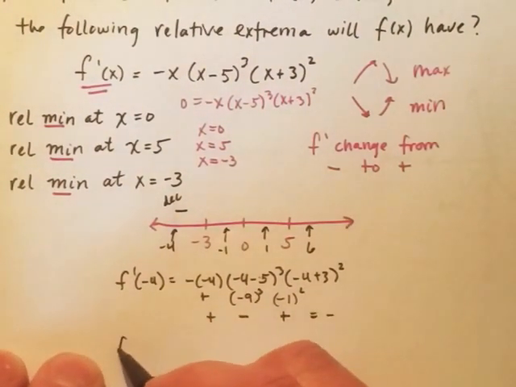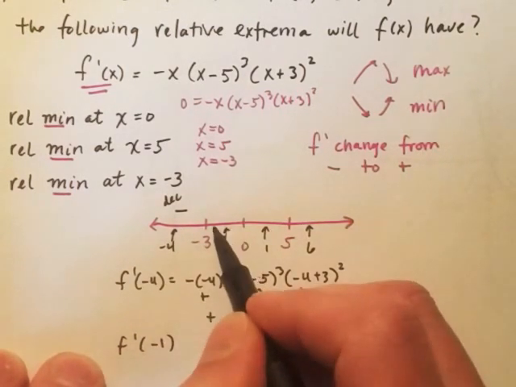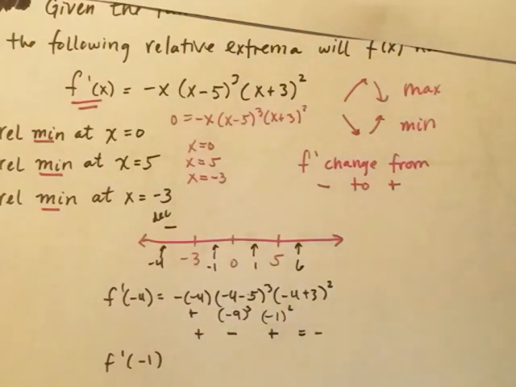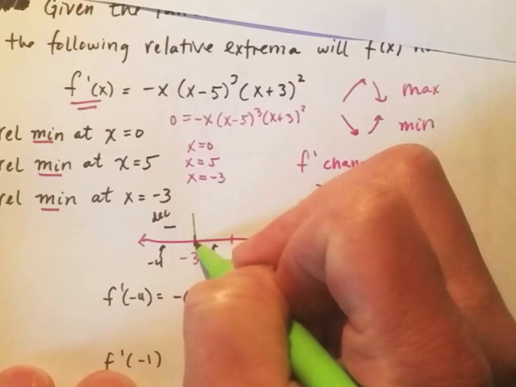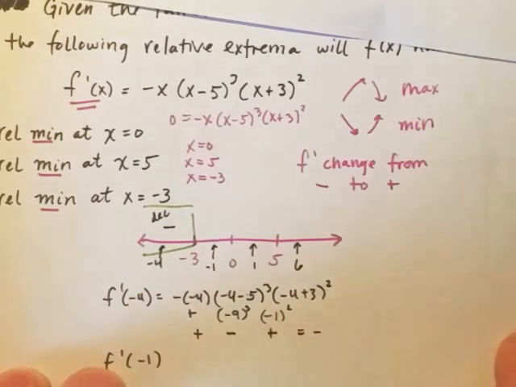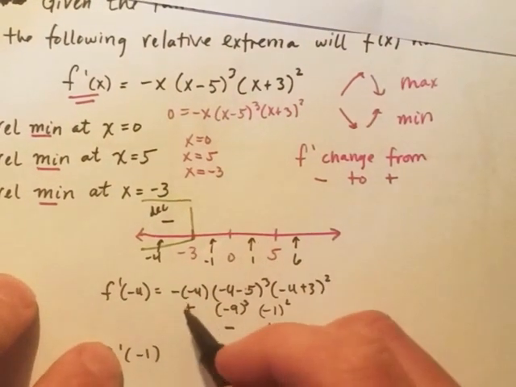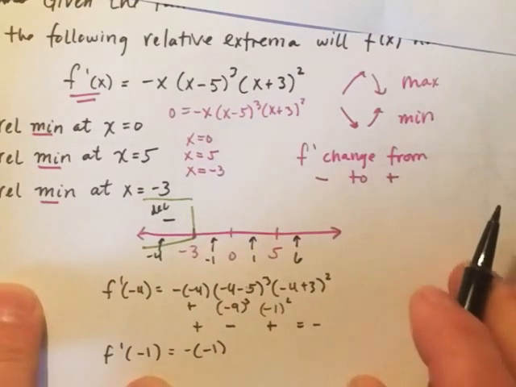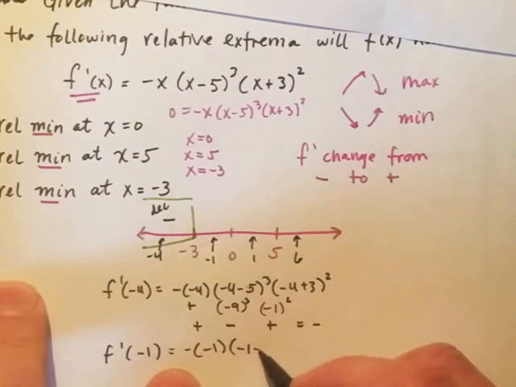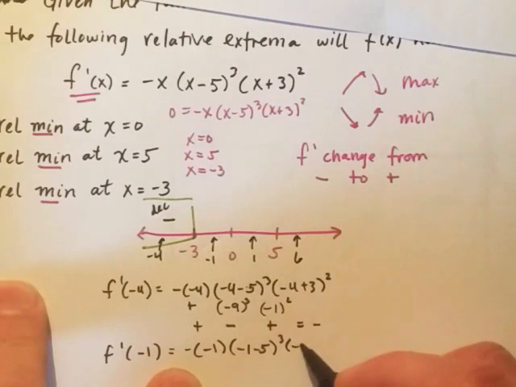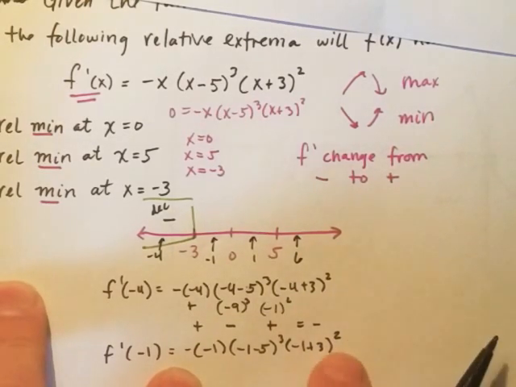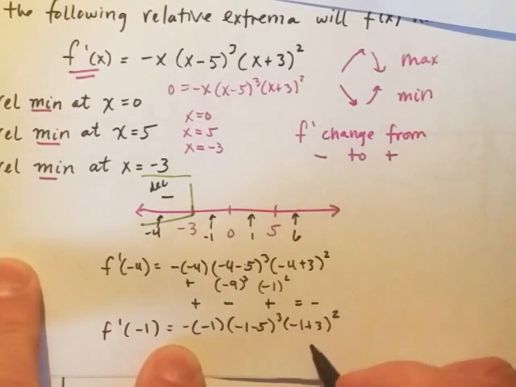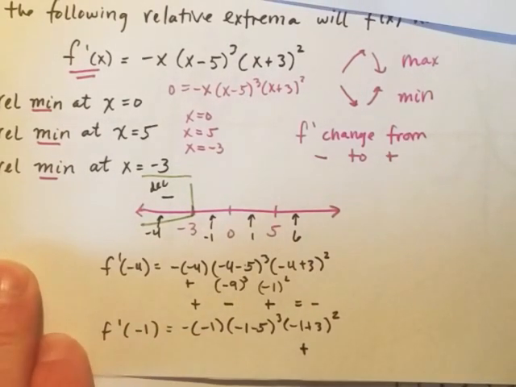We have to do similar work to find f prime of negative 1, this next interval, right? So just remember that right now we just know that it's decreasing all the way to the left of negative 3. We don't know what's happening to the right of negative 3. That's why we're plugging in negative 1. So we're going to plug in negative 1, negative 1 minus 5 to the third, and negative 1 plus 3 squared. Well, we already talked about if you square anything, it's going to be a positive. So this whole thing is going to be a positive.